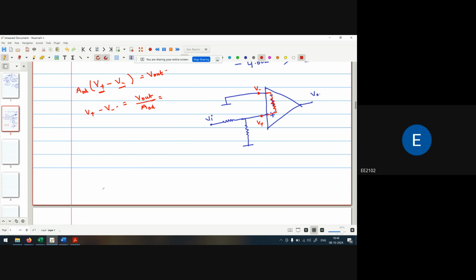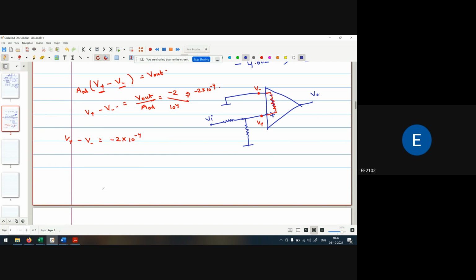V out is what? Minus 2 upon AOD, which is 10 raised to the power, so it becomes minus 2 into 10 raised to the power minus 2. So V plus minus V minus is equal to minus 2 into 10 raised to the power minus 2.